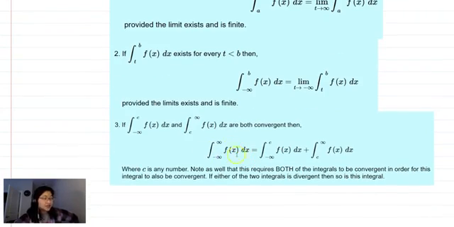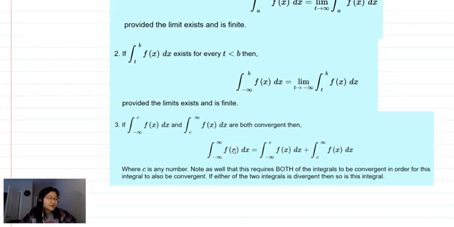And if we have infinities and minus infinities in our bounds, then we can split up that super improper integral into two different parts with a c in the middle, and then do limits on both of those with different parameters, and that is okay.